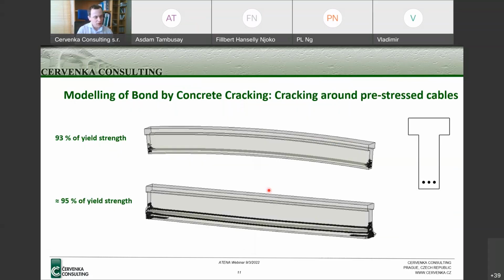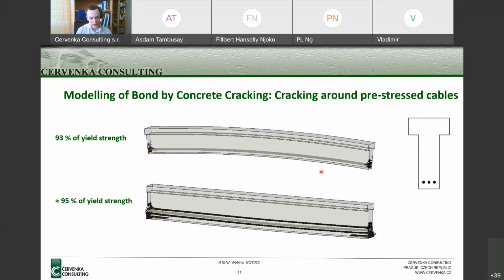Here is some more about the cracking around reinforcement. This is a T-beam with 3 cables at the bottom of the beam, and if the pre-stressing strain or stress is increased, firstly we will see crack formation at the end, and if we ignore it and keep increasing the stress, it will finally lead to formation of a continuous crack along the length of the reinforcement.